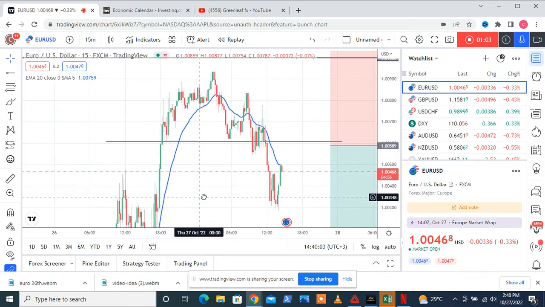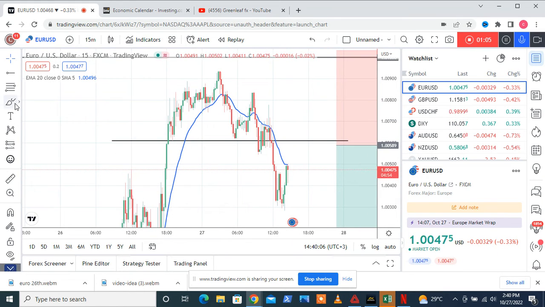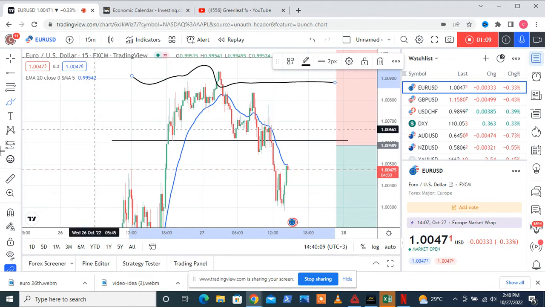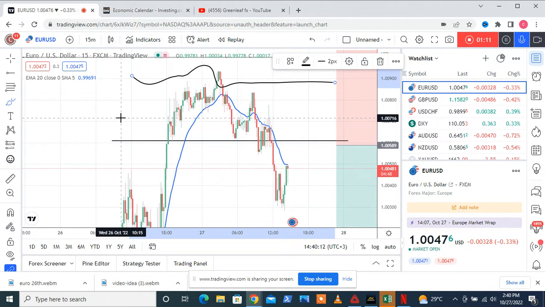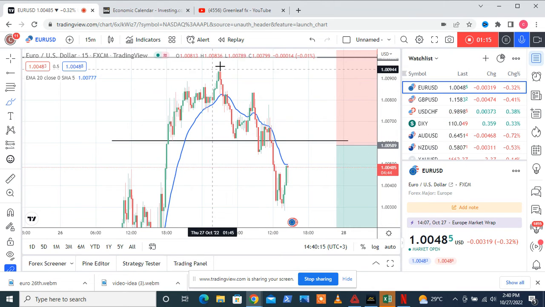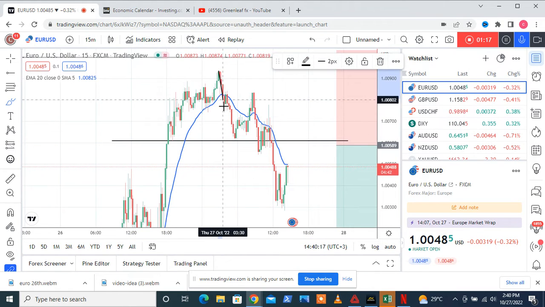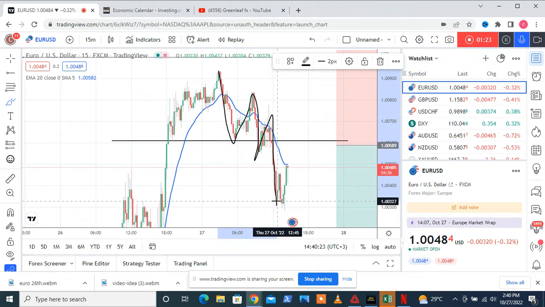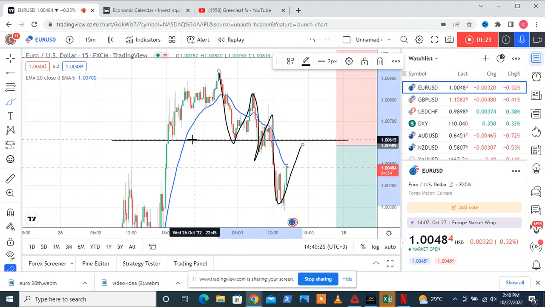So guys, as you can see, we are at which level? We are at an important level. This level, it's a resistance level. Okay. So now, from here, you see this broken, and now we want to retest this level.